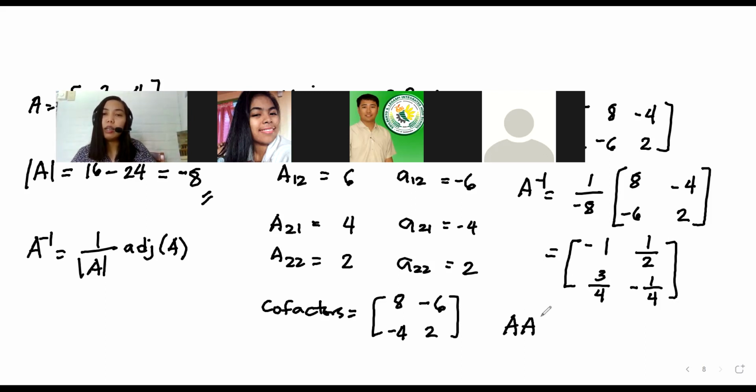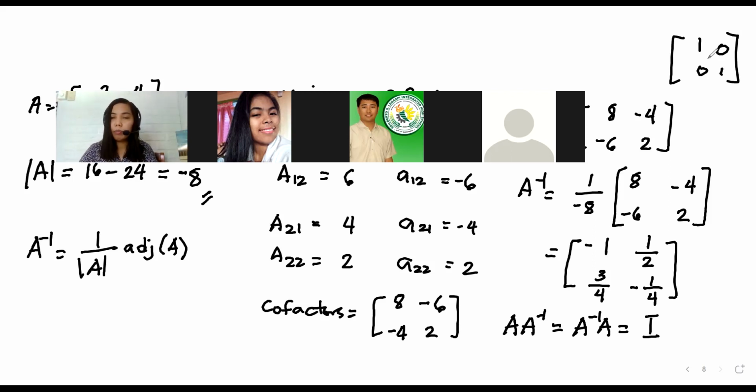We know that A times A inverse, or A inverse times A, is equal to the identity. Right? What is the identity matrix? 1, 0, 0, 1, since this is 2 by 2.